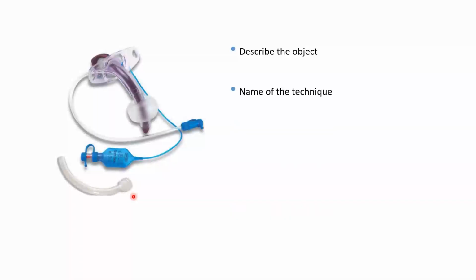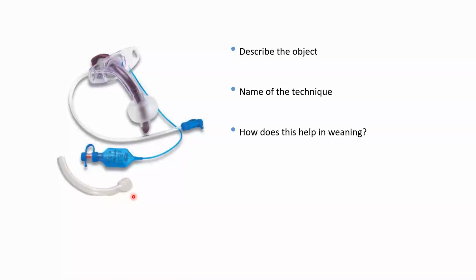When you do a percutaneous tracheostomy, which technique do you use? What is the name of the technique? Ciaglia, sir, modified Ciaglia.